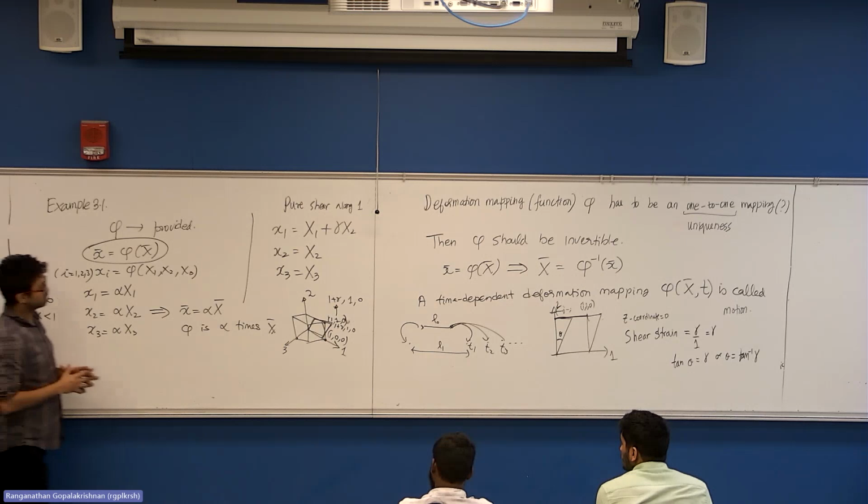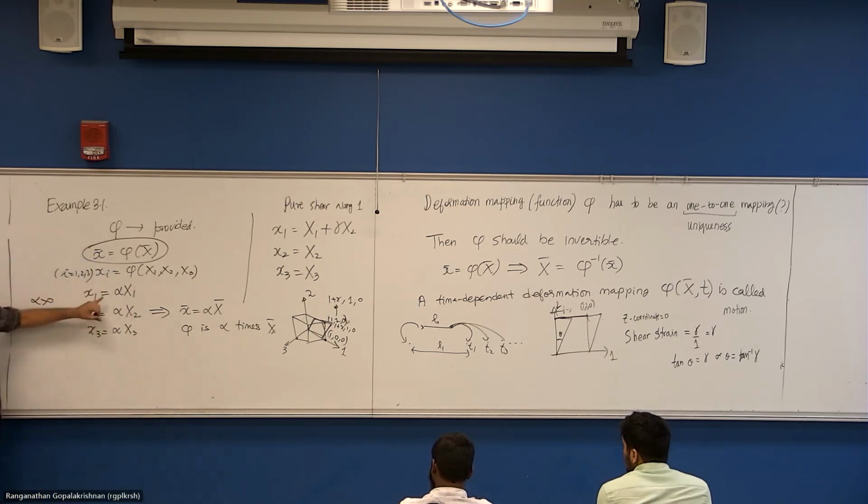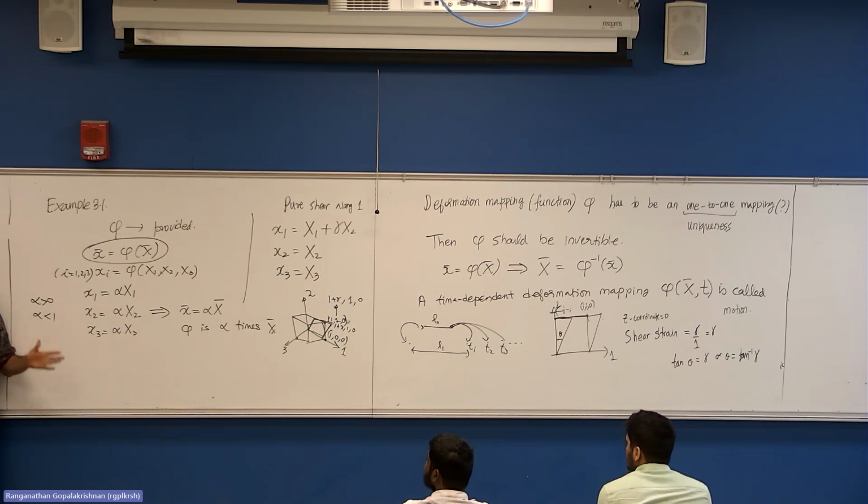Now, let me ask you a simple question. Here, let's say alpha is less than 1. It means that a cube that was initially side 1 in each direction is now side alpha in each direction. So what is the change in volume here? Initial volume is 1, final volume is alpha cubed.